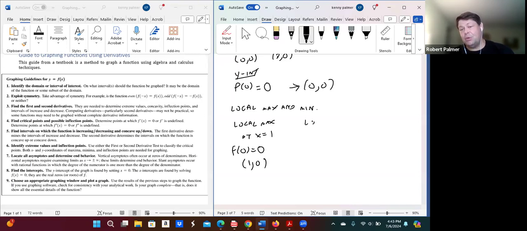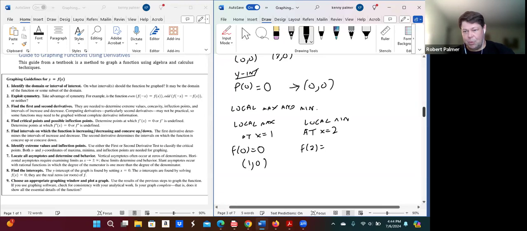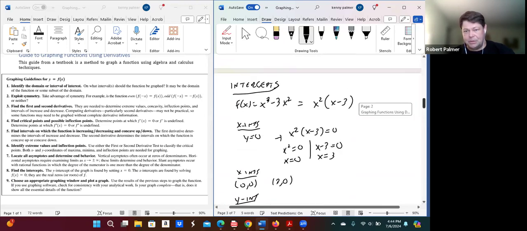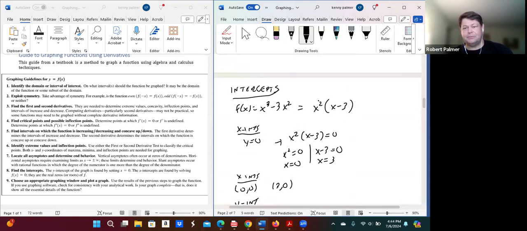Okay, now our local minimum is at x equals 2. We plug in 2. Now this one, I have to do a little bit more work. So I can use either form, this form or that form. So it'd be x cubed minus 3x squared.